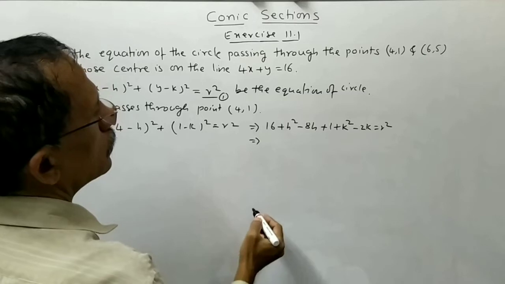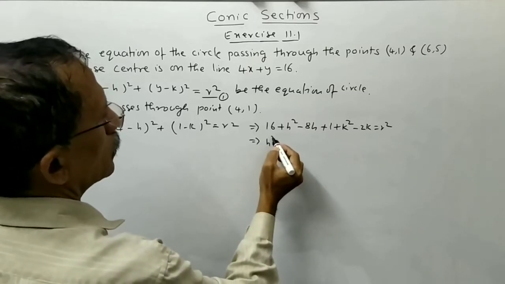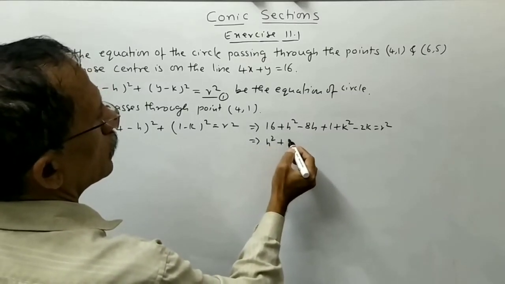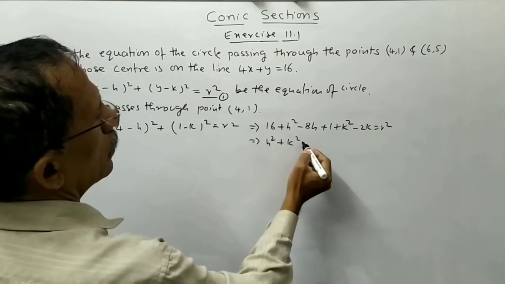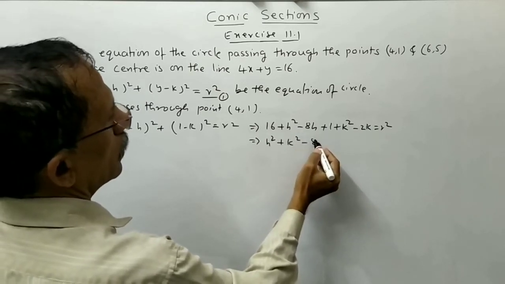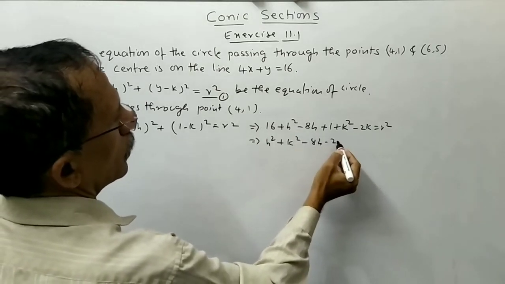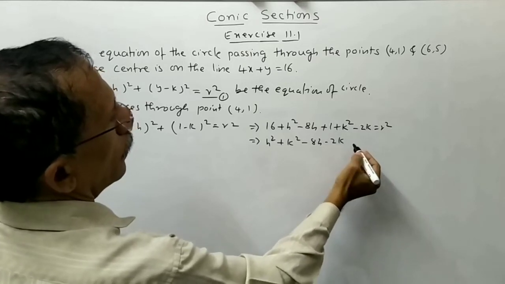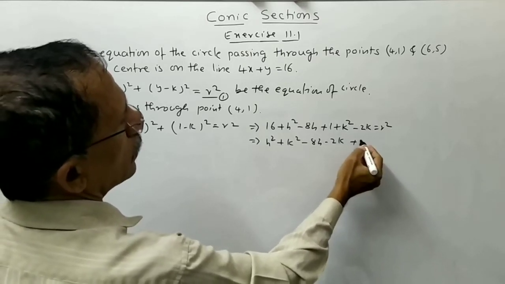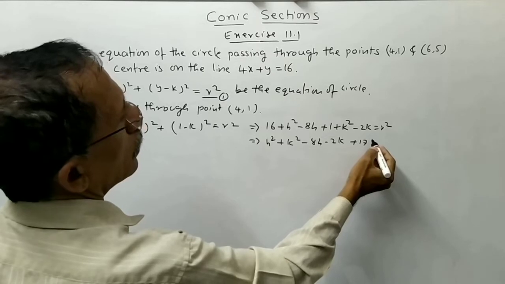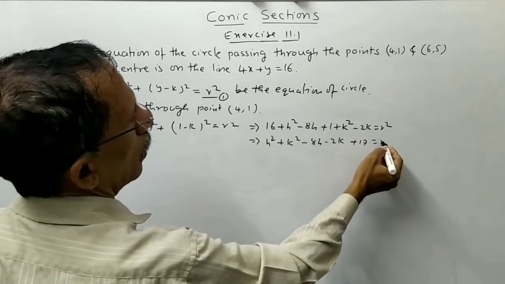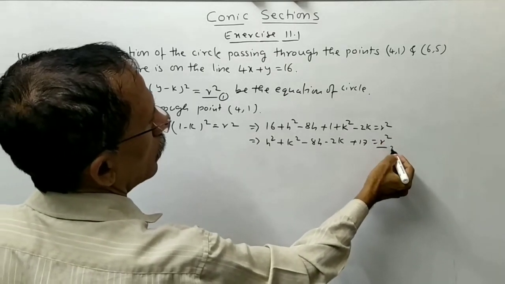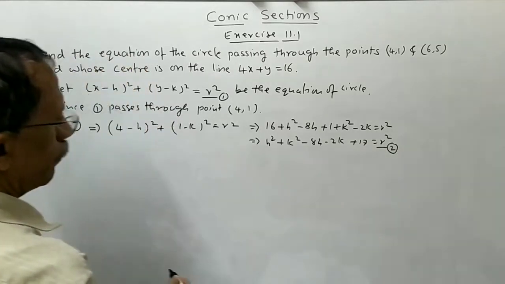This implies h² + k² - 8h - 2k + 17 = r², say number 2.